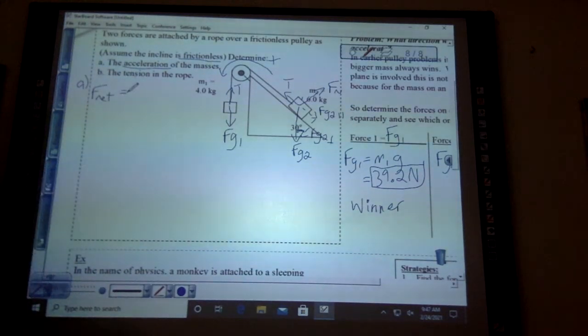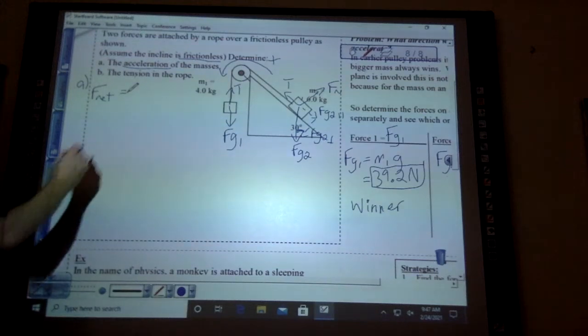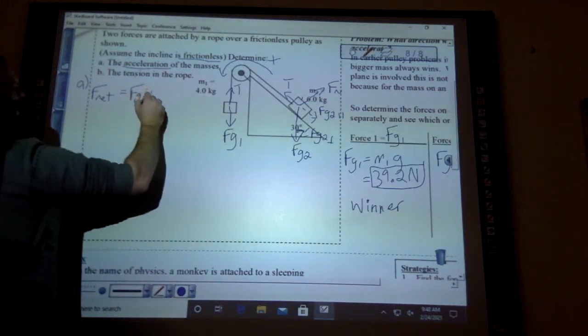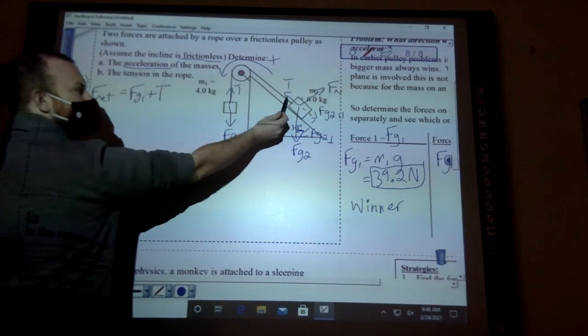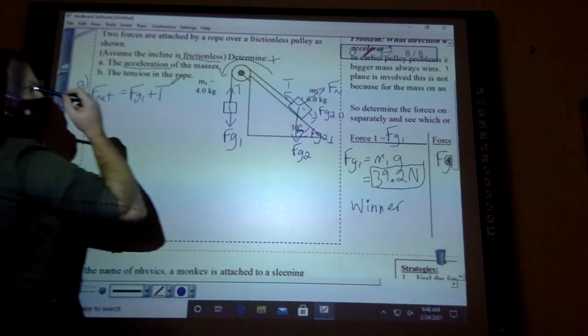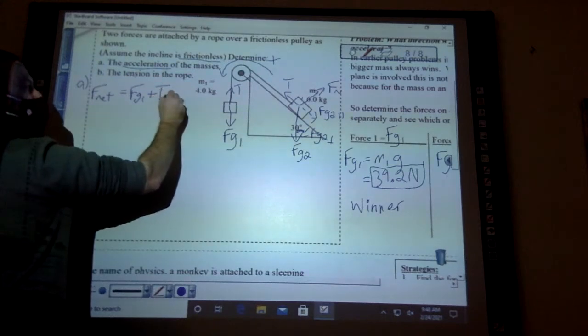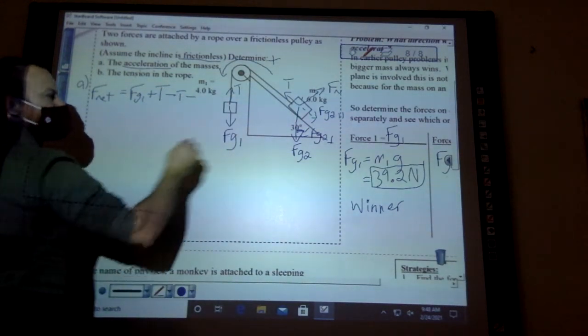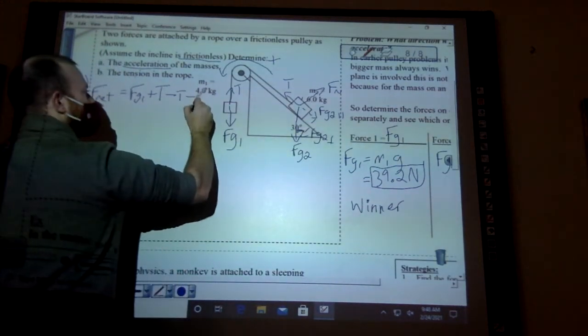So first we need the positive forces. We've got Fg1 plus this tension here is in the positive direction, minus this tension going in the opposite direction, minus Fg2 parallel.